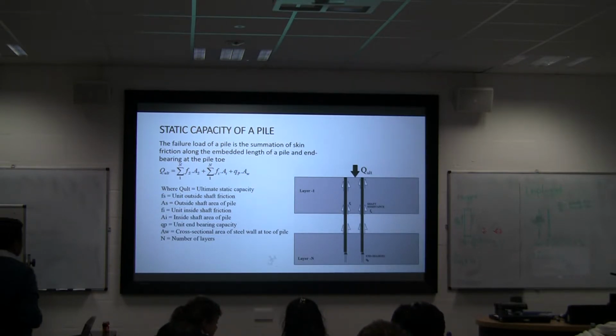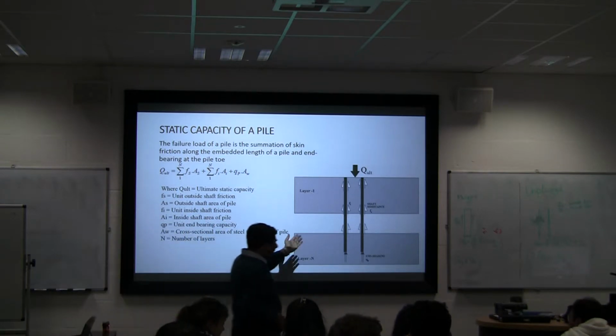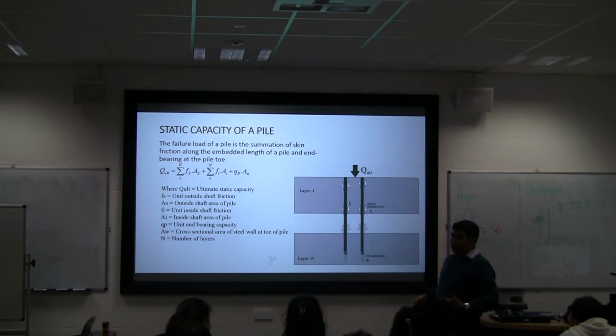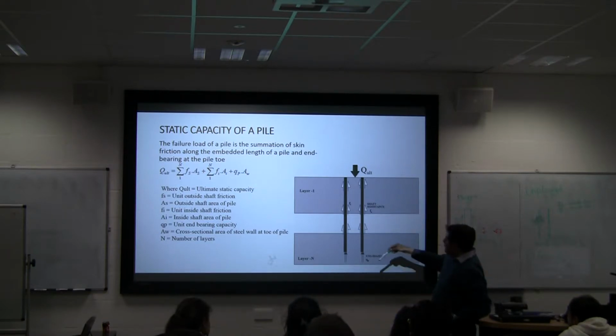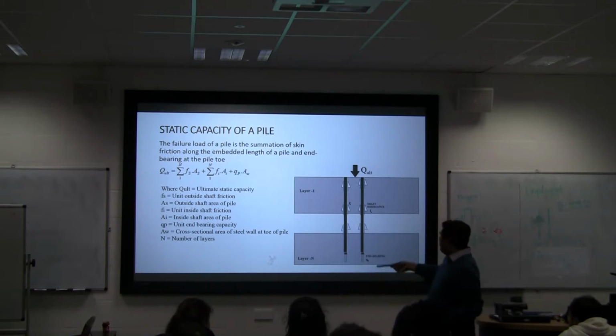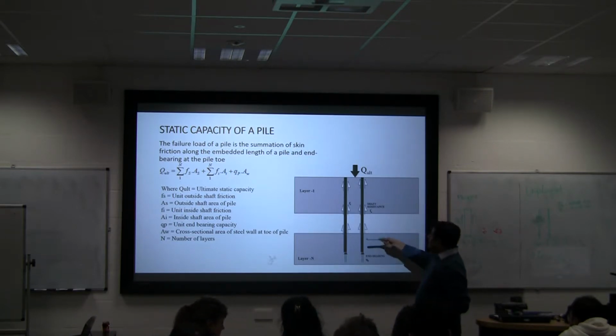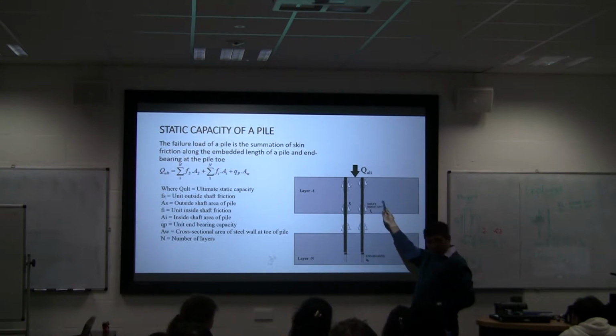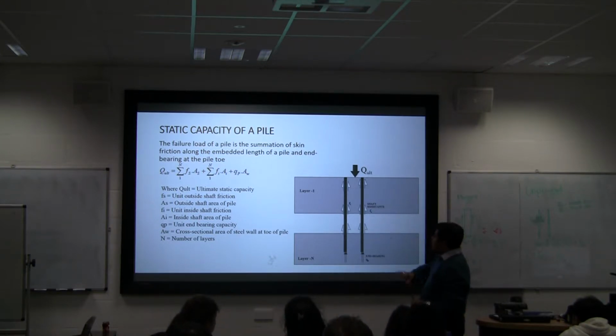Okay, so practically how you can do it, you can set up an Excel spreadsheet and you can make many layers. You can make many layers and then you can put down the soil properties here and start to estimate that. Now, how do you estimate all these things?